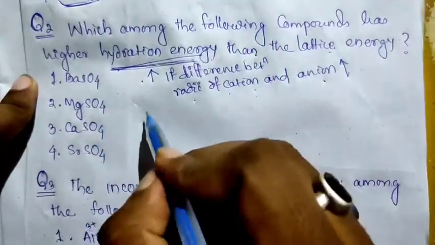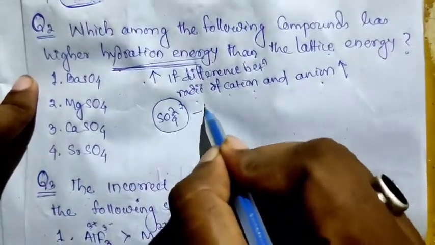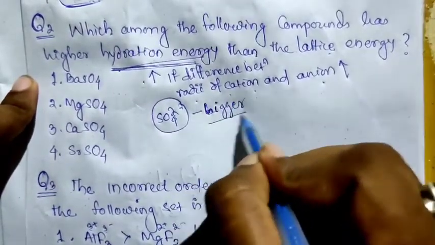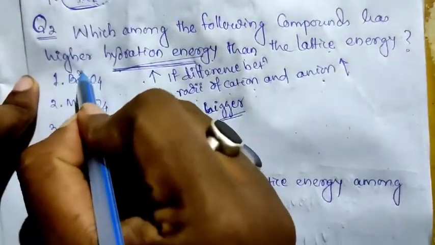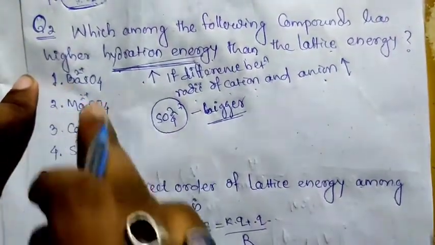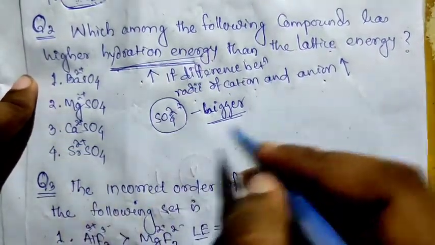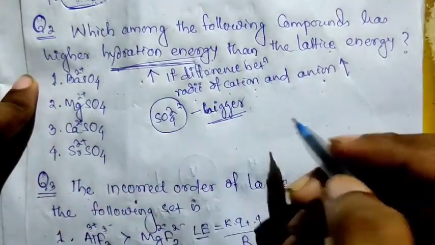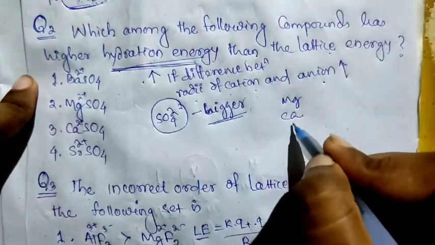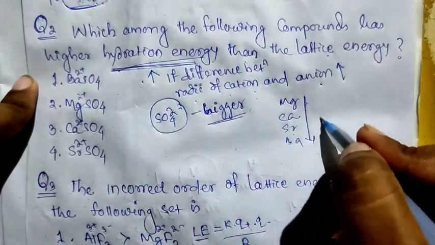Here we saw that the sulfate ion is common, whose size is bigger. So now we have to check which of the 4 cations has a small size, so that the difference between the radii is bigger. Here all of these are second group elements, so magnesium, calcium, strontium, barium, from top to bottom their size increases.